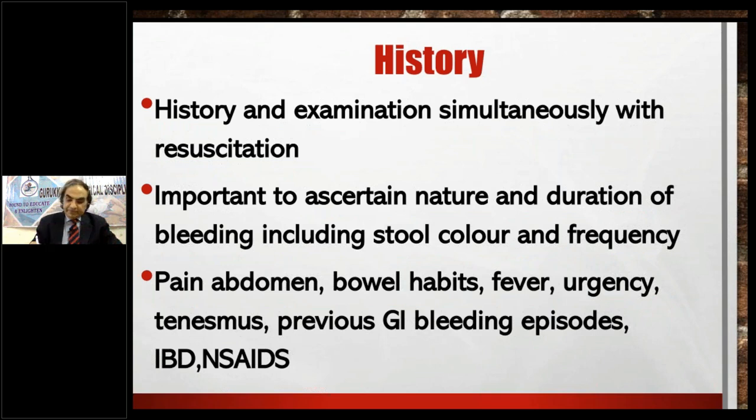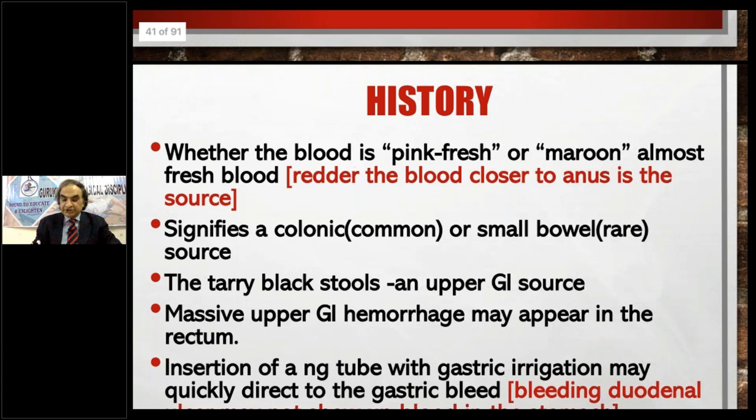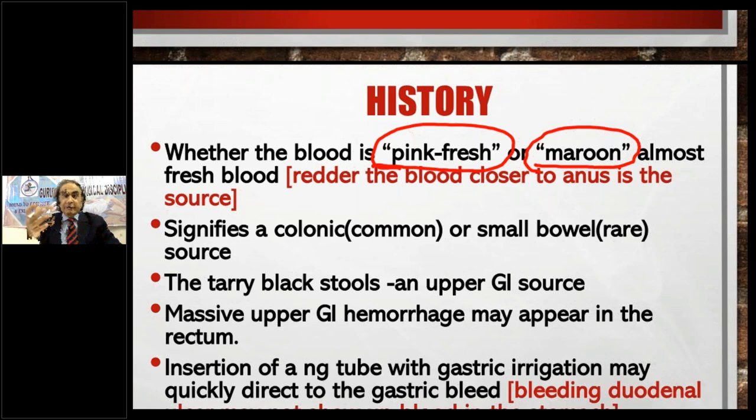Now the next history, very important: whether the blood is pink, fresh, or maroon. The maroon blood is red blood mixed with bile, which is green.